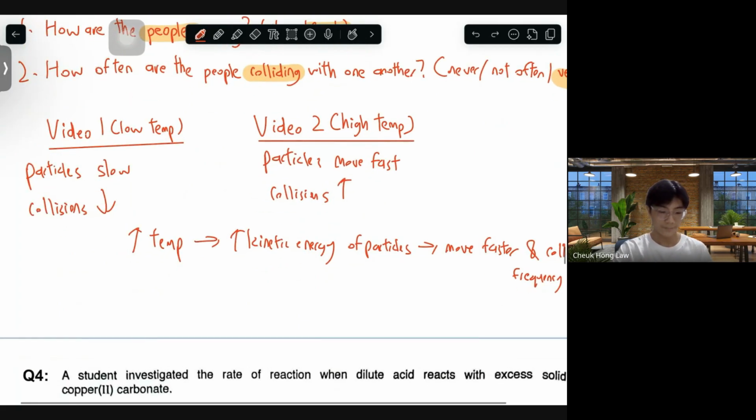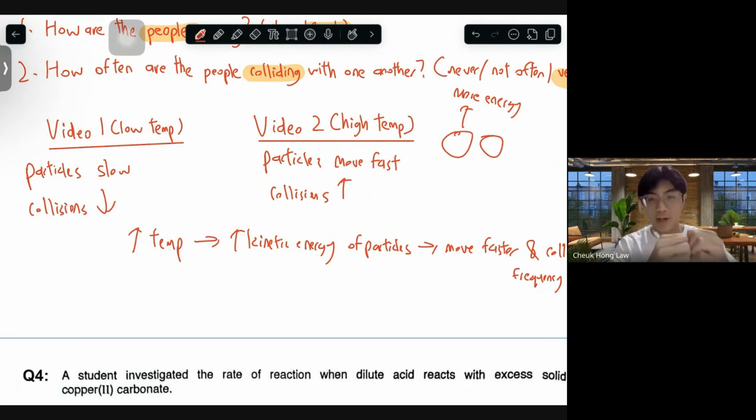Think about it. If the kinetic energy of the particles increases, that means there is more energy within each particle. So when the particles collide with one another, they collide with more energy also. So there's a higher chance that those particles will meet the activation energy, which is the second part of your collision theory.